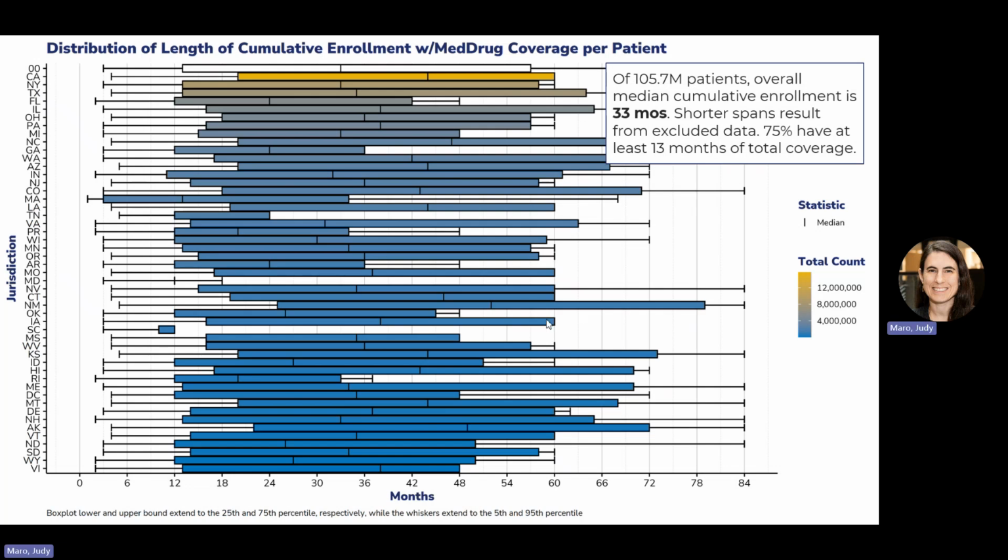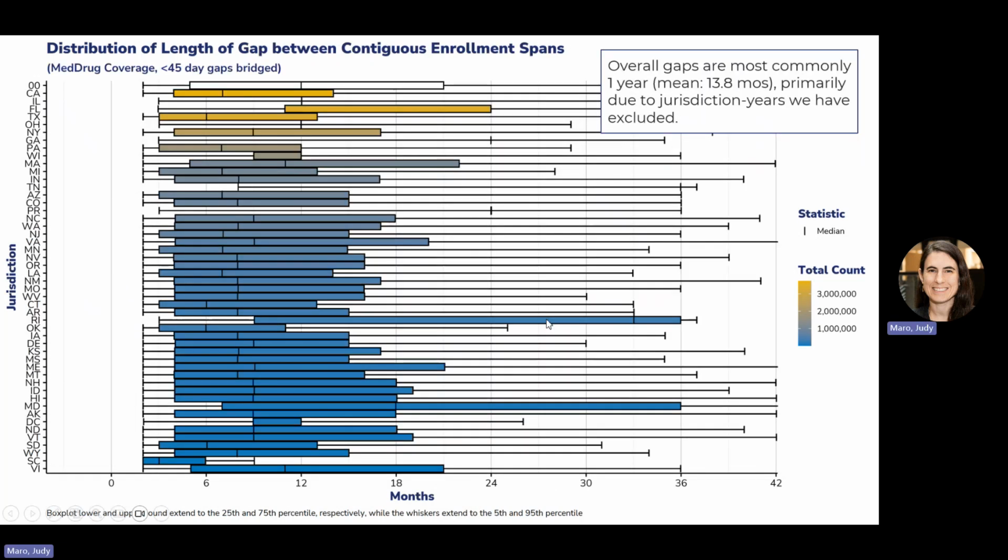And so when we look at enrollment, we often have questions about when people do in fact lose eligibility and have a discontinuity in their enrollment path. What is the length of that gap before they then have eligibility again? And what does that gap look like? So overall in our data, we had gaps that were most commonly a single year with a mean of 13.8 months.